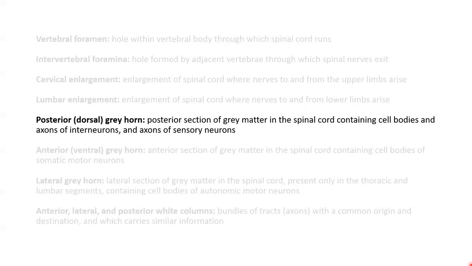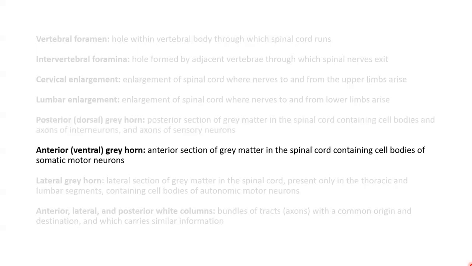Our posterior or dorsal grey horn is the posterior or the back section of the grey matter in the spinal cord, which contains the cell bodies and axons of interneurons and also the axons of sensory neurons. The anterior or ventral grey horn is the front part of that grey matter, which contains the cell bodies of our somatic motor neurons. So these are the motor neurons that go to our skeletal muscle.